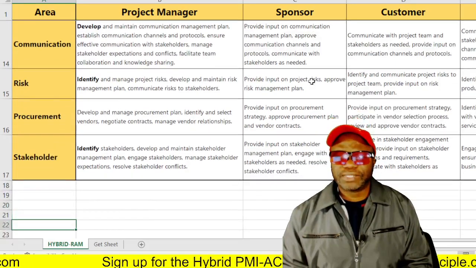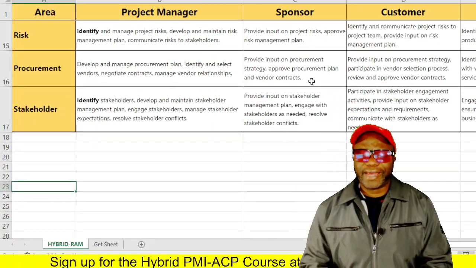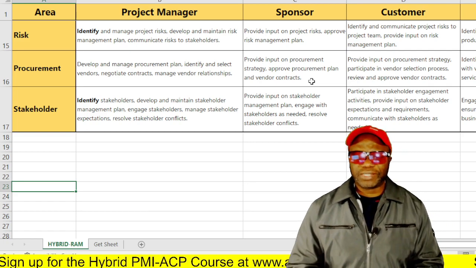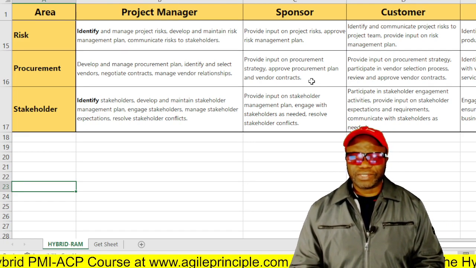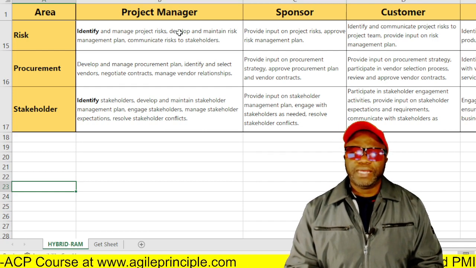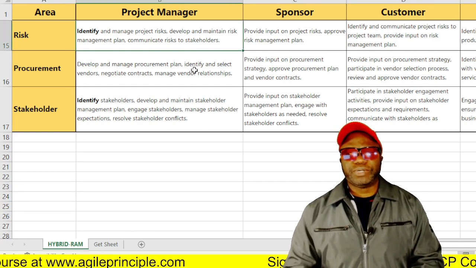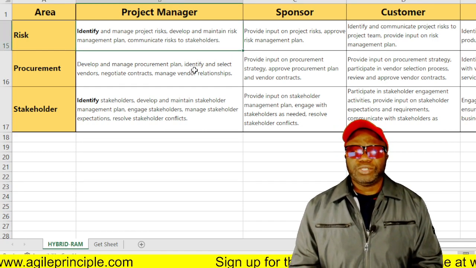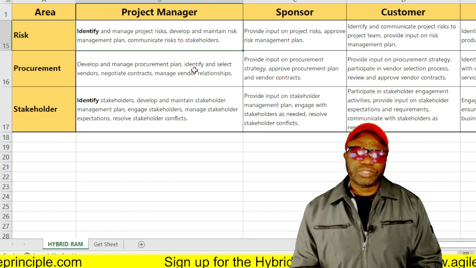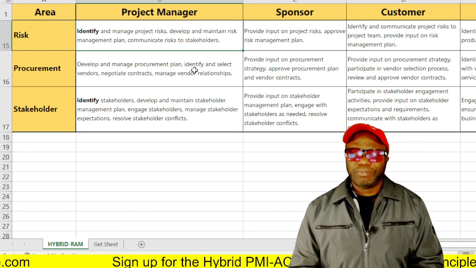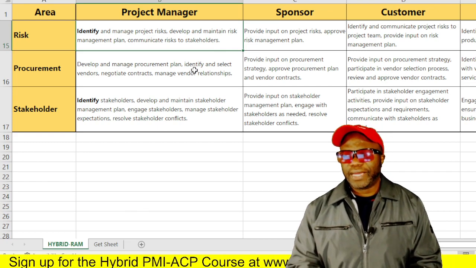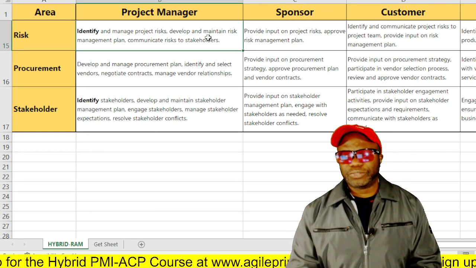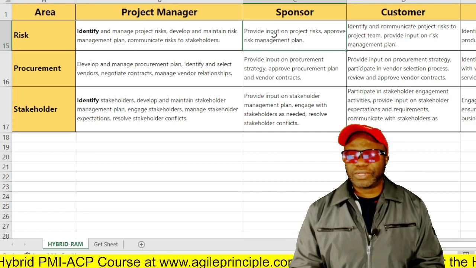So risk is a very important area in both agile and predictive environments, and therefore in hybrid, you would expect all hands to be on deck where this is concerned. So the project manager is the spearheading person who works with the team to identify the project risks, not in isolation, but identify and manage the project risk by spearheading that effort, and develop and maintain the risk management plan and the risk register or risk log, if you will.